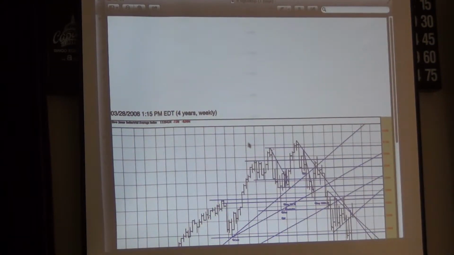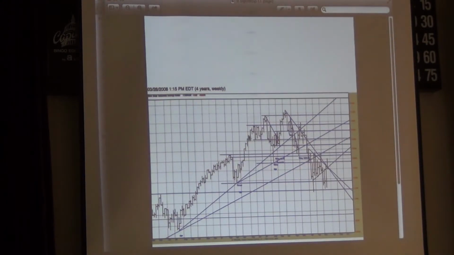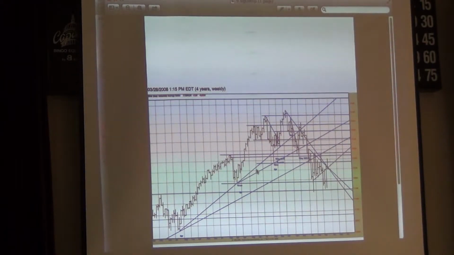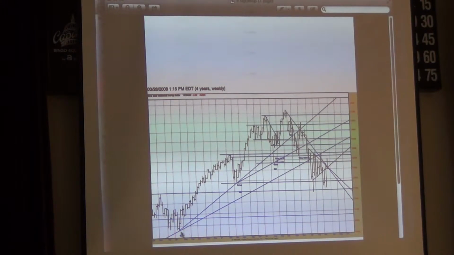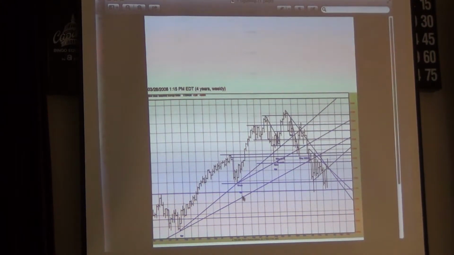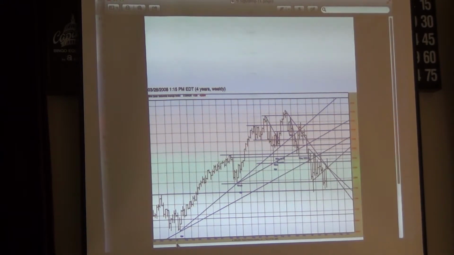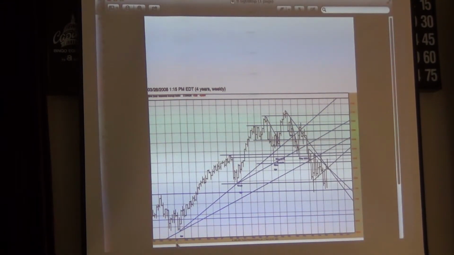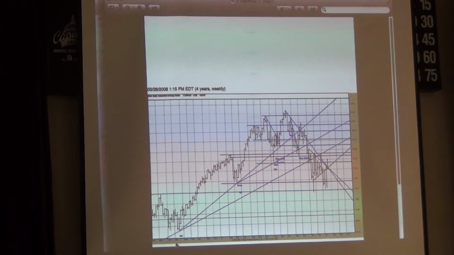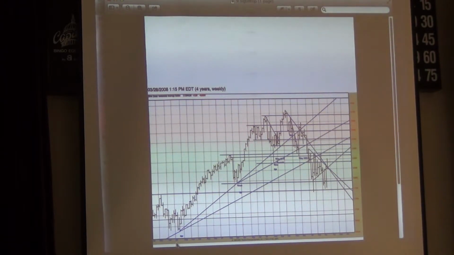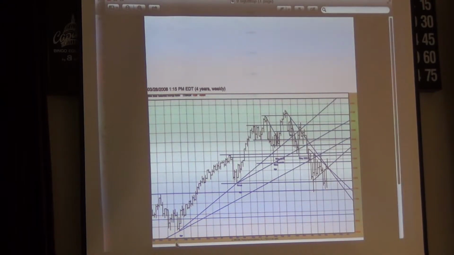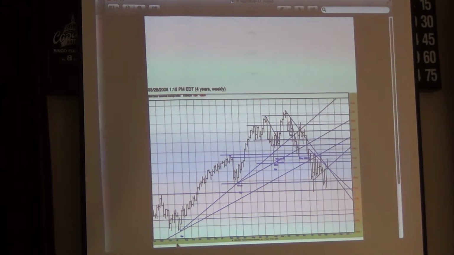Here's another look at it, which comes a little longer. You can see the trend lines coming in from farther back here. The characteristic of trend lines broken at tops is that you get short-term trend lines broken a month, 2 months, 3 months. Then you get a year-long trend line broken. Then you get 2 or 3 year trend line broken.